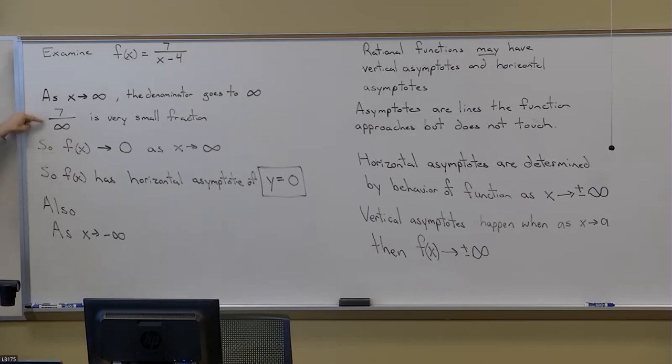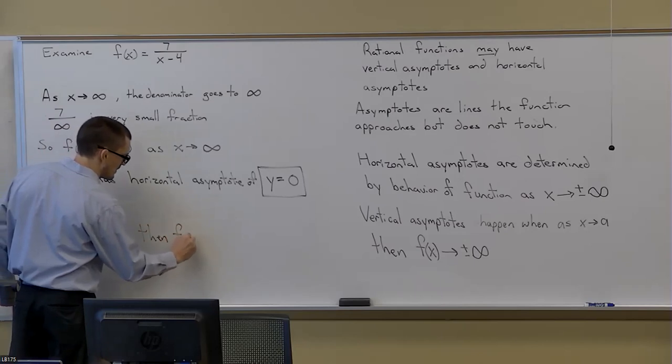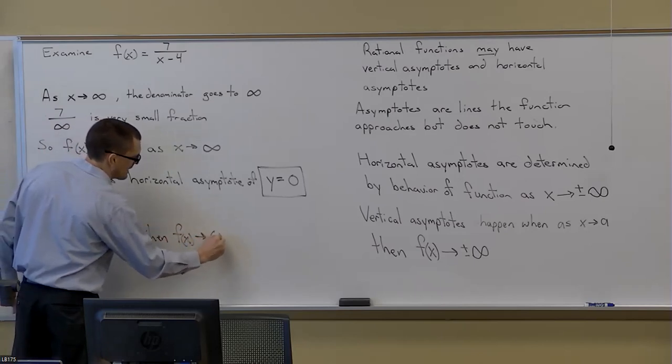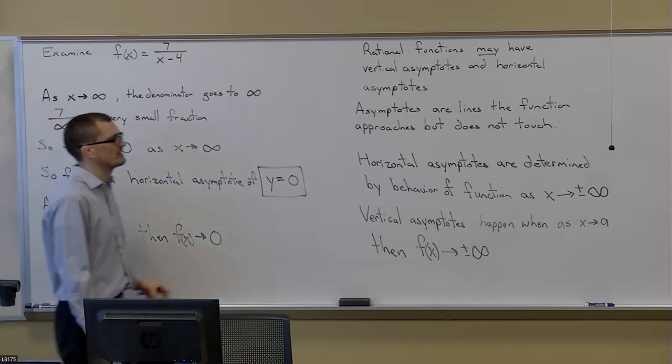So whether it's a positive or a negative fraction, in both cases, as x goes to infinity, my function goes to 0. As x goes to negative infinity, my function also goes to 0. So in this case, it goes to 0 for both. I probably should have put that before I said it's a horizontal asymptote, but that's not a big deal.